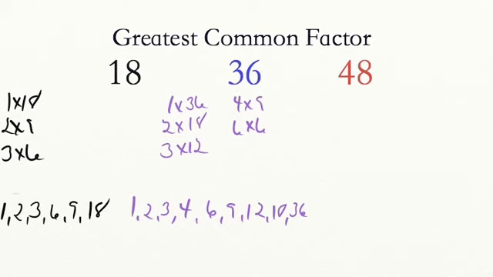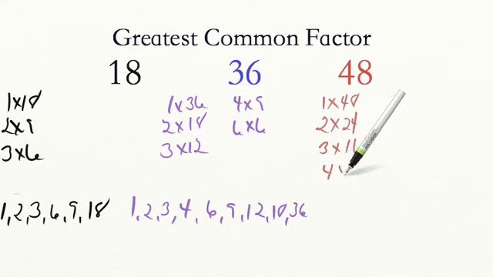Do you think you can do all the factors for the number 48 too? Let's see. We have 1 times 48, 2 times 24, 3 times 16, 4 times 12, and 6 times 8.